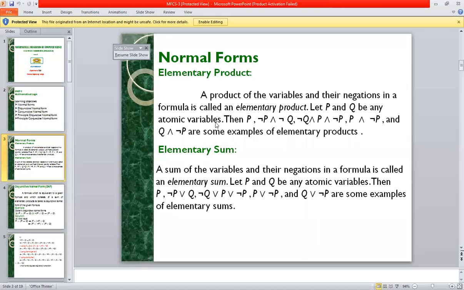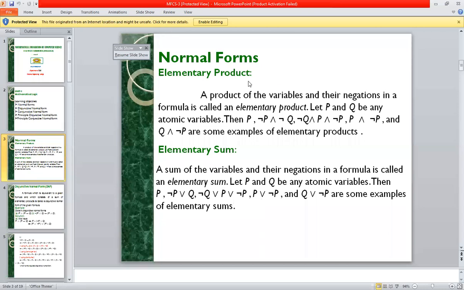Then their products are P, not P, not Q, Q, P and not P, and Q and not P. These are the possibilities for given atomic variables P and Q. In normal form, we use the words product and sum in place of the conjunction and disjunction logical connectives.